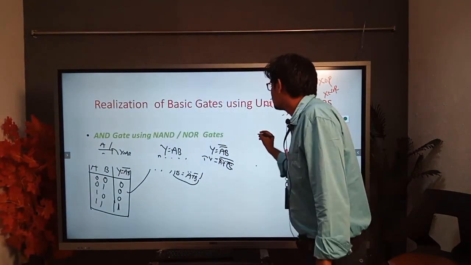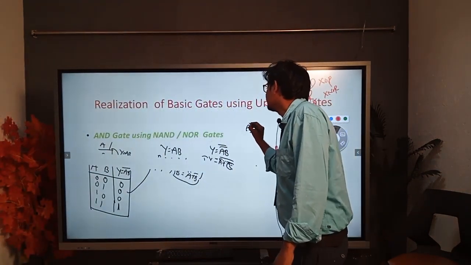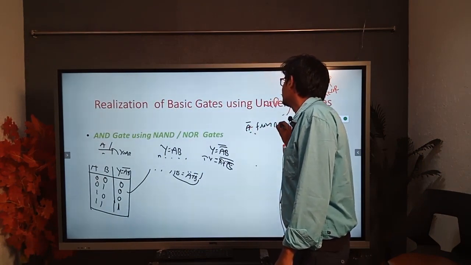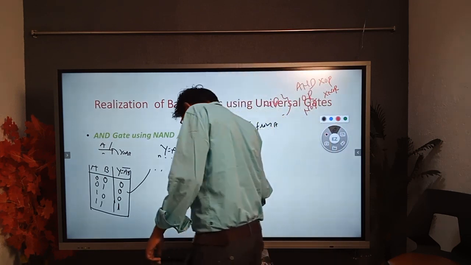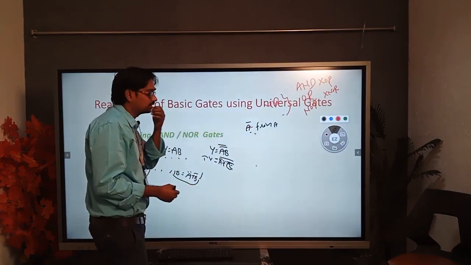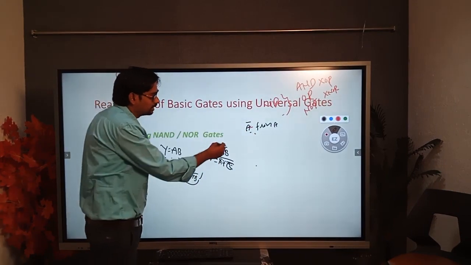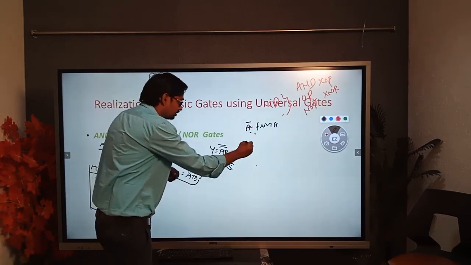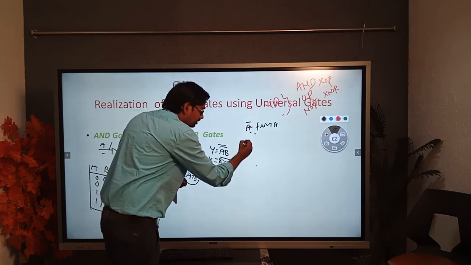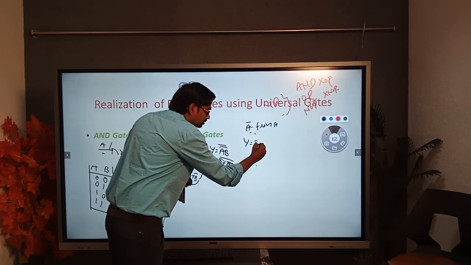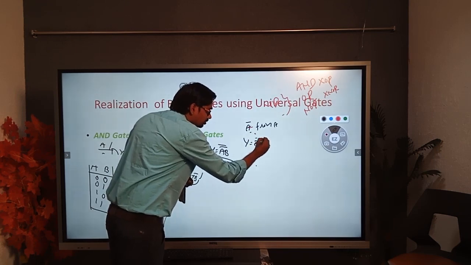Now how do you get A bar from A? I have already seen how we can realize a NOT gate with the help of NAND gate or NOR gate. So I have to get Y is equal to A bar plus B bar whole bar.